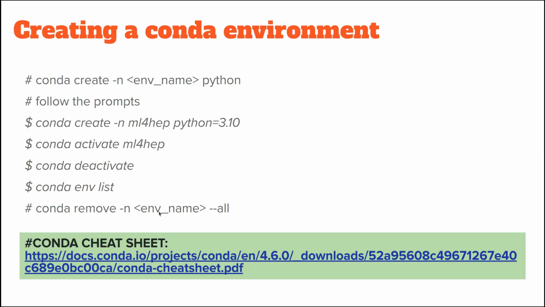And to delete an environment, we can do conda remove -n name of your environment, and then all. There are a lot more commands to do useful things with conda, which you can find on this link. This is a conda cheat sheet. But mostly after you have done this, and as we'll see how to install packages, that's most of what we'll require for our purposes.